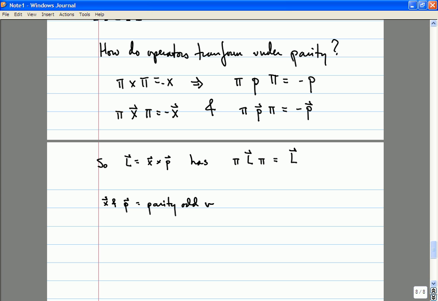The name that we give to a parity odd vector is very special. We call it a vector. Okay, that's a joke. But the angular momentum, for example, is a parity even vector. And we usually call that a pseudo-vector.